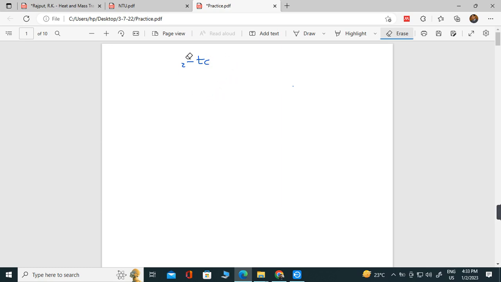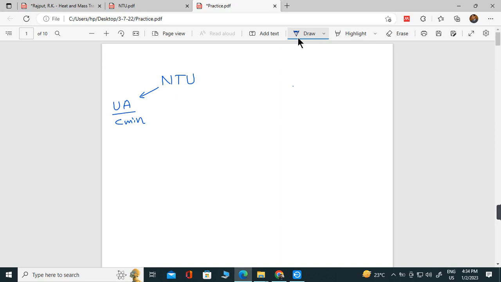Now what is U? That we all know. You will have to find out NTU. NTU is equal to UA by C min. What is U? Overall heat transfer coefficient, generally given.